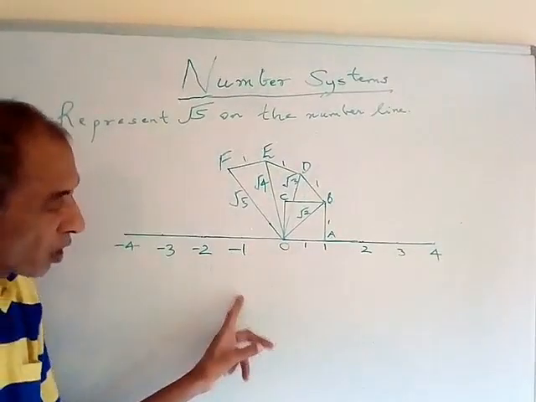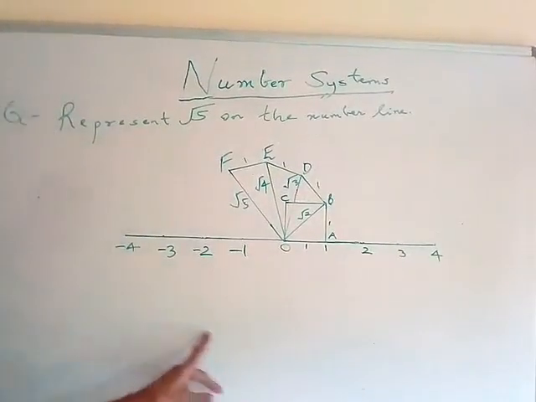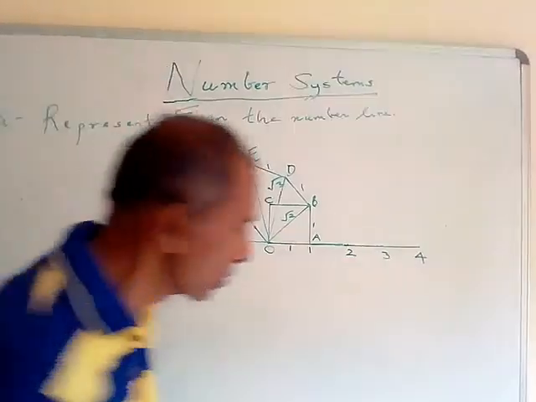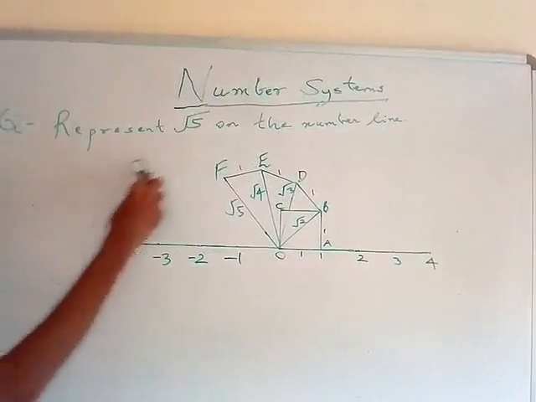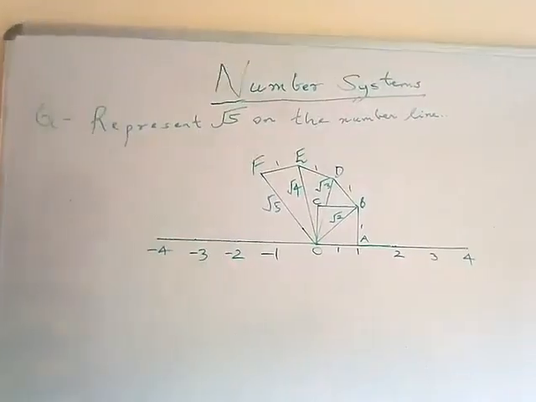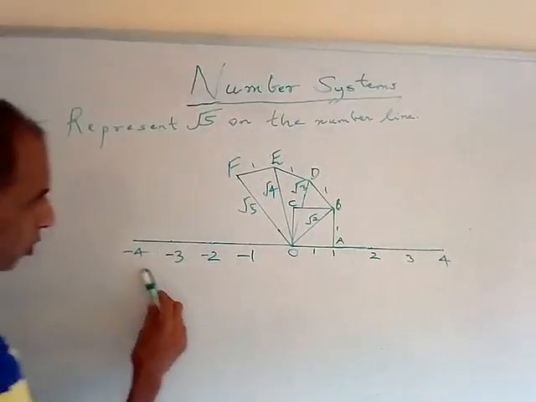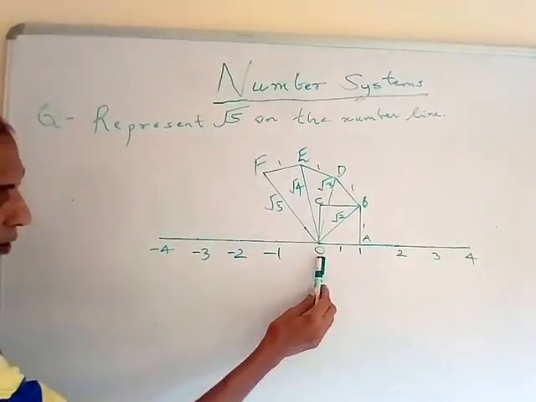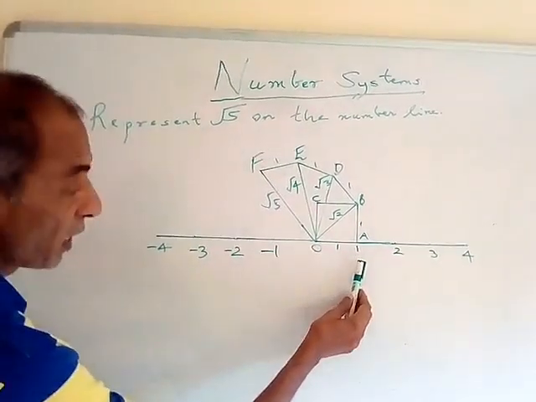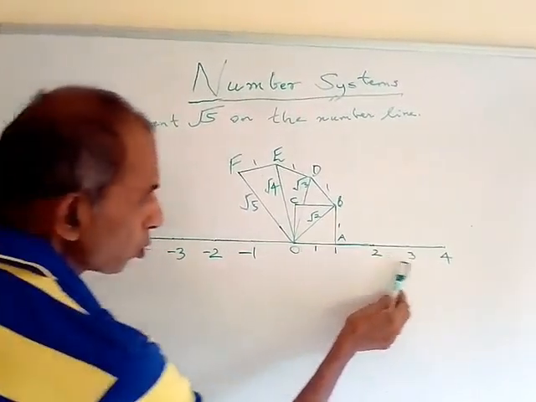So we know this is a number line. I have drawn it over here and I will do the explanation for this. Here we have drawn the number line. Here 0 is marked on the number line. On the positive side 1, 2, 3, 4.